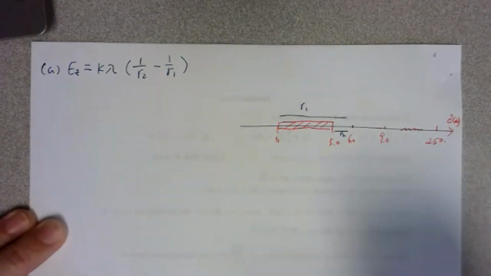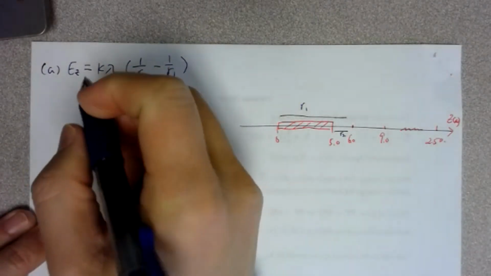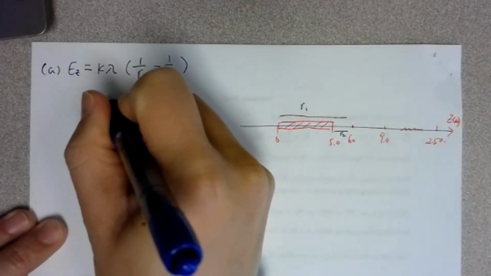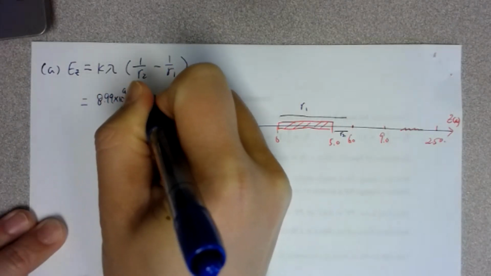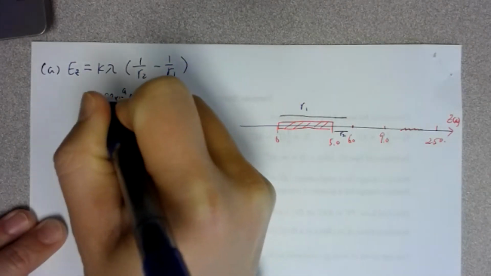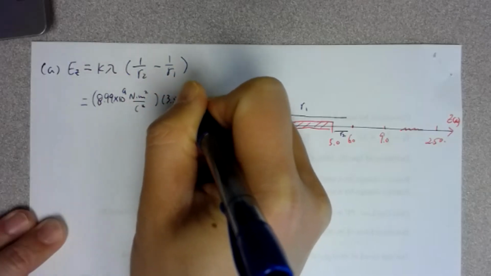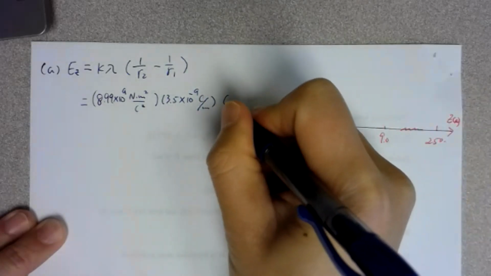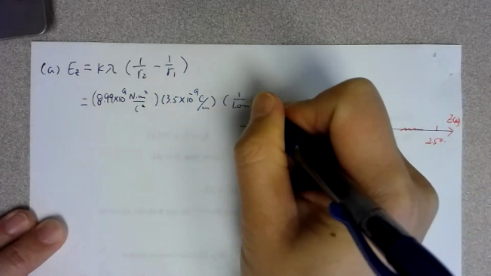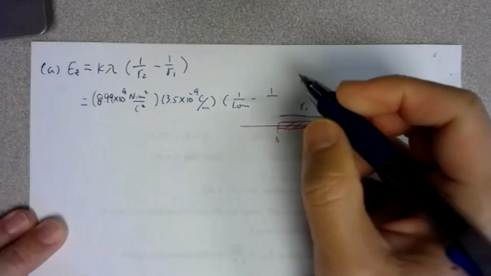So it looks like you can just plug in the numbers, right? So this is going to be k lambda, k is 8.99 times 10 to the 9th newton meter squared over coulomb squared. And lambda, 3.5 times 10 to the minus 9 coulombs per meter, times 1 over 1 meter minus 1 over 6 meters.